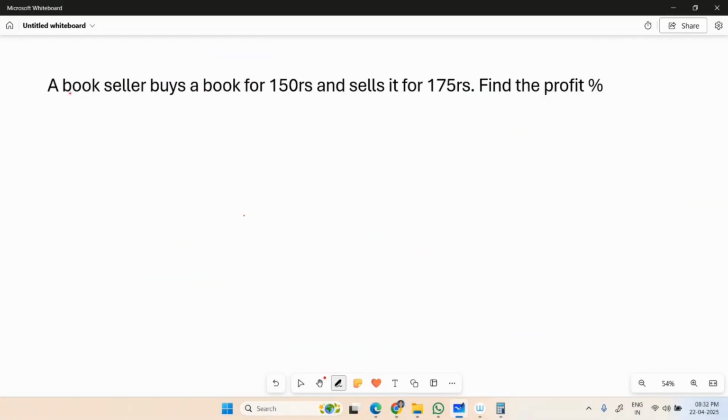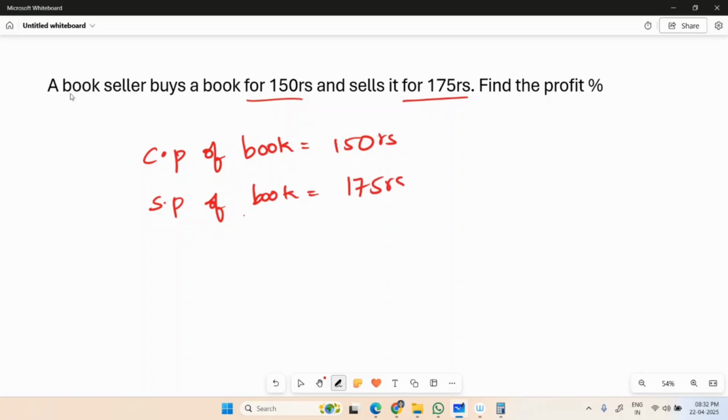So here the question is, a bookseller buys a book for 150 rupees and sells it for 175 rupees. We have to find out the profit percentage. Cost price of the book equals 150 rupees and selling price of the book equals 175 rupees.